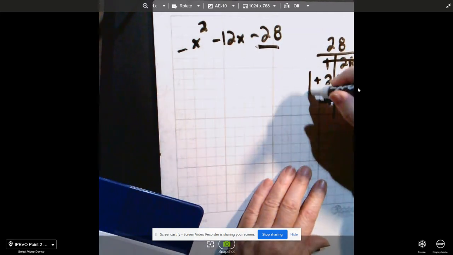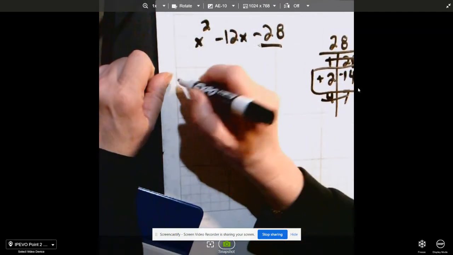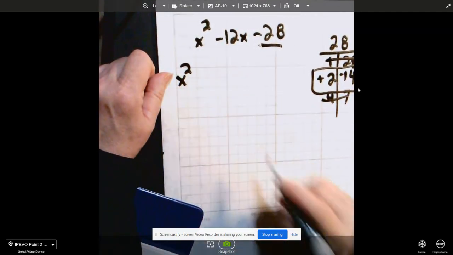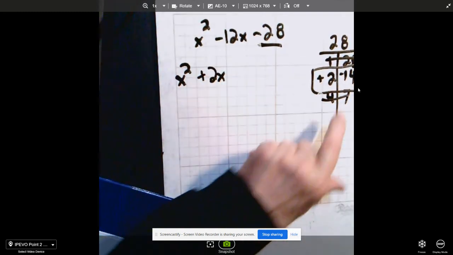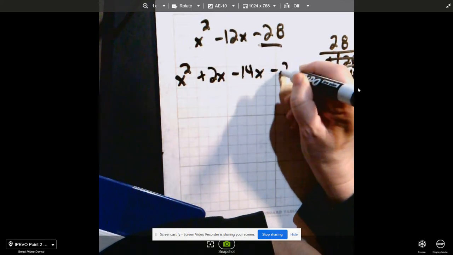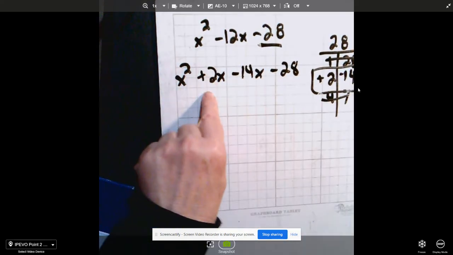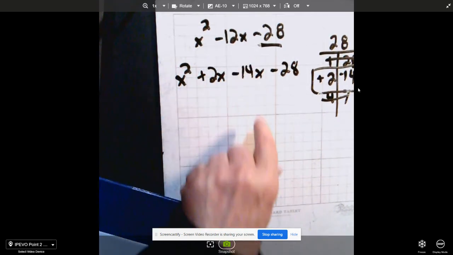So it looks like this is the pair that would work. So I'm going to rewrite this equation now. x squared, this one is a plus 2x, this one had to be a minus 14x. Again, I didn't change this middle term. 2x minus 14x gives me the negative 12x.